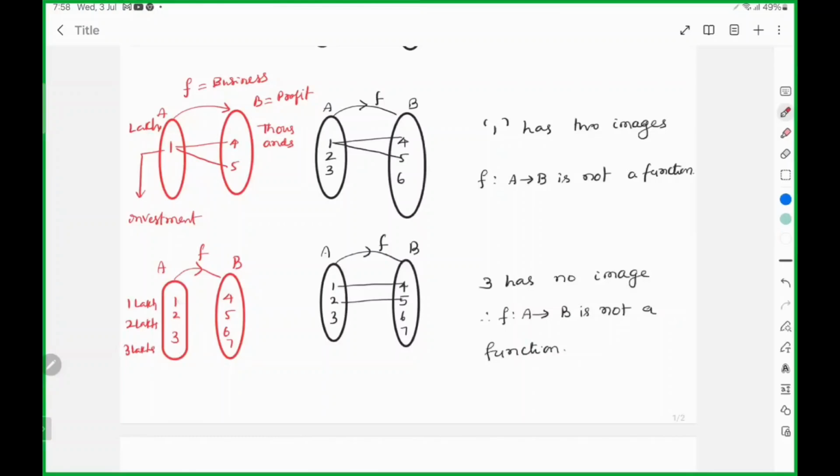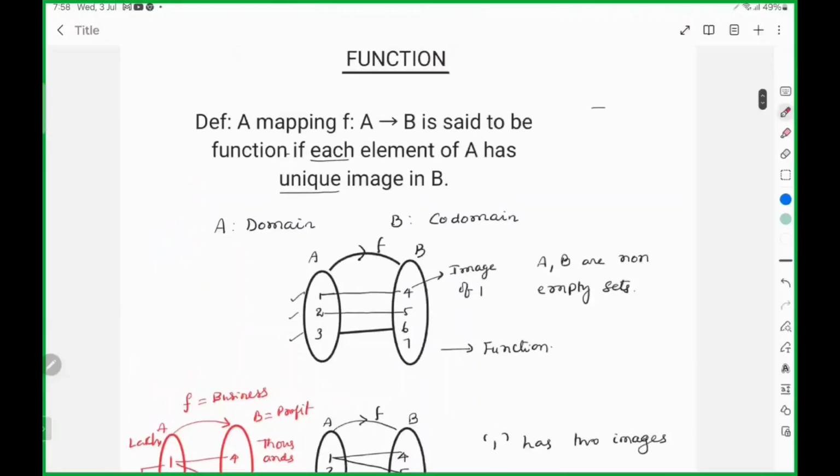The fellow who invested 1 lakh receives a profit of 4,000. Who invested 2 lakhs receives a profit of 5,000. The fellow who invested 3 lakhs, in this example, is not receiving any profit. Everybody must get profit. If one fellow is not getting profit, obviously differences will arise. Finally, it will collapse and that business cannot function. So, keeping general things in mind, they defined the function for us.